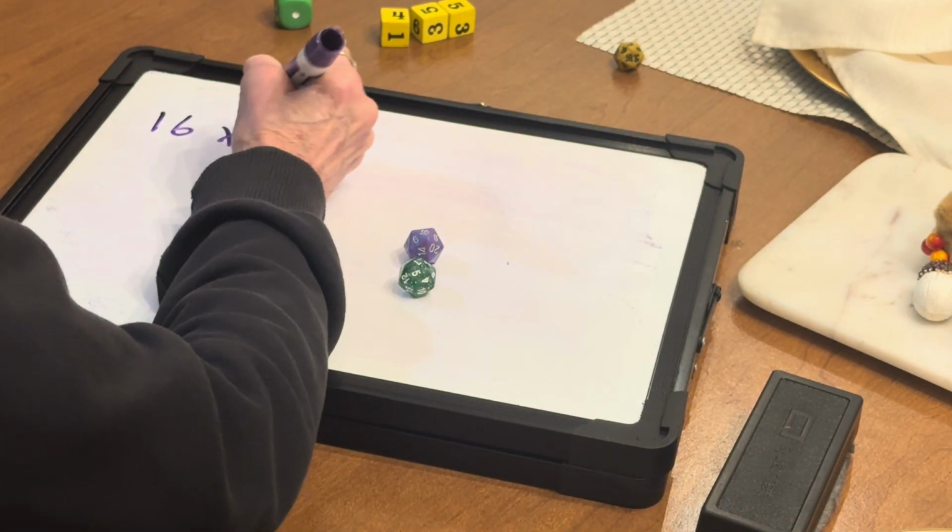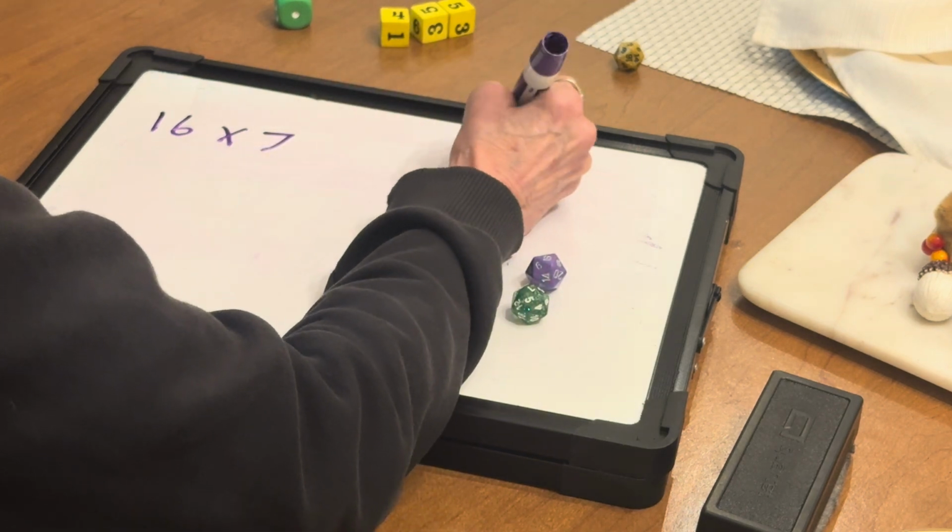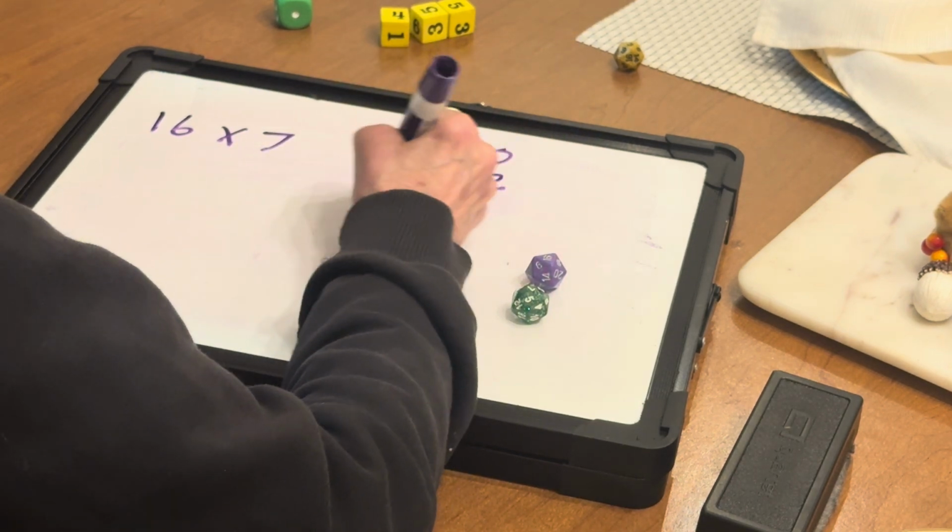16 times 7. All right, 10 times 7 is 70. 6 times 7 is 42.